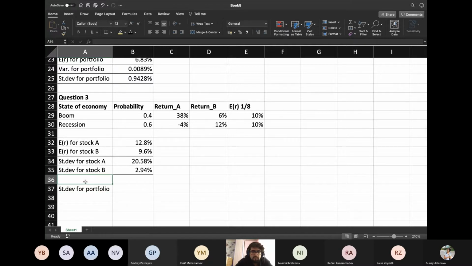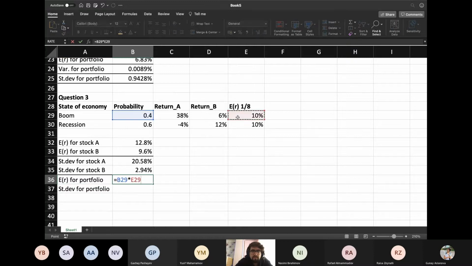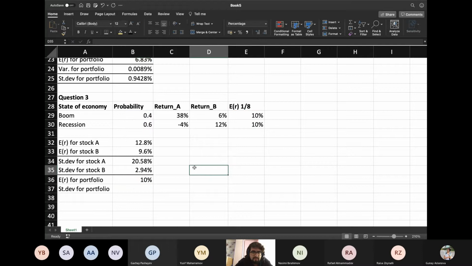But before standard deviation, we should find the expected return for portfolio, because in the calculation of standard deviation we need the expected return for portfolio. Expected return is probability times 10% plus probability times 10%. It is again 10%.